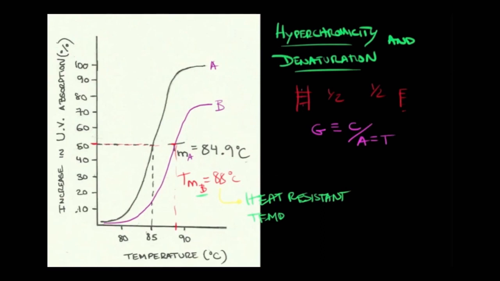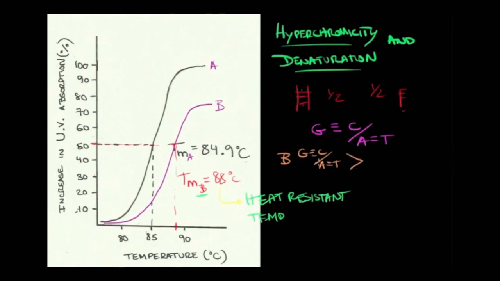Okay, so what I can also write, knowing this, is that the ratio of guanine and cytosine and adenine, thymine bonds in my B DNA molecule is higher.